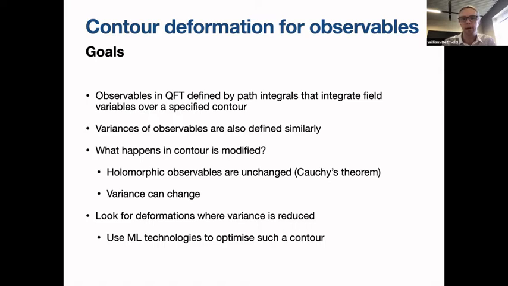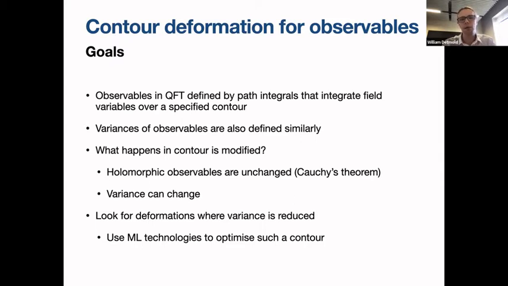The variance is not going to be holomorphic because it contains this term that is the absolute value squared of the original fields defining the correlation function. And so because it's not holomorphic, under a contour deformation, it's not protected by Cauchy's theorem and it can change.